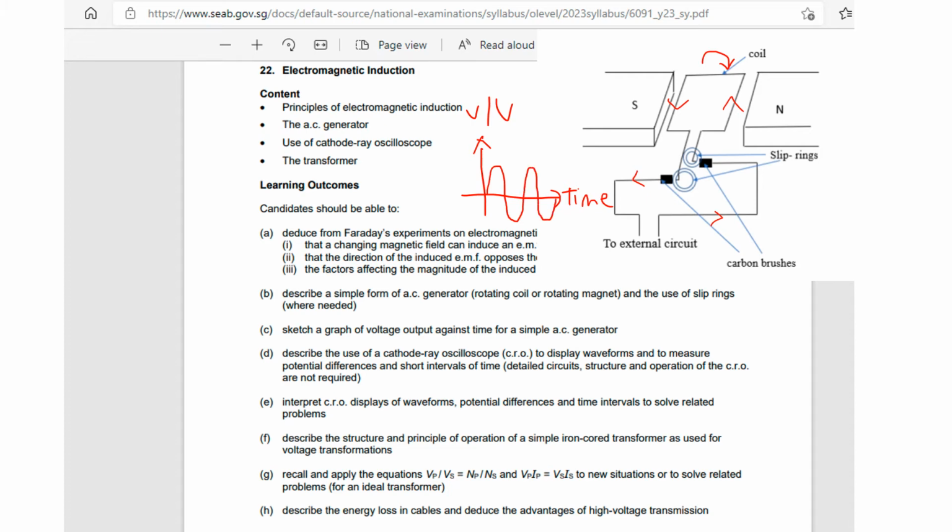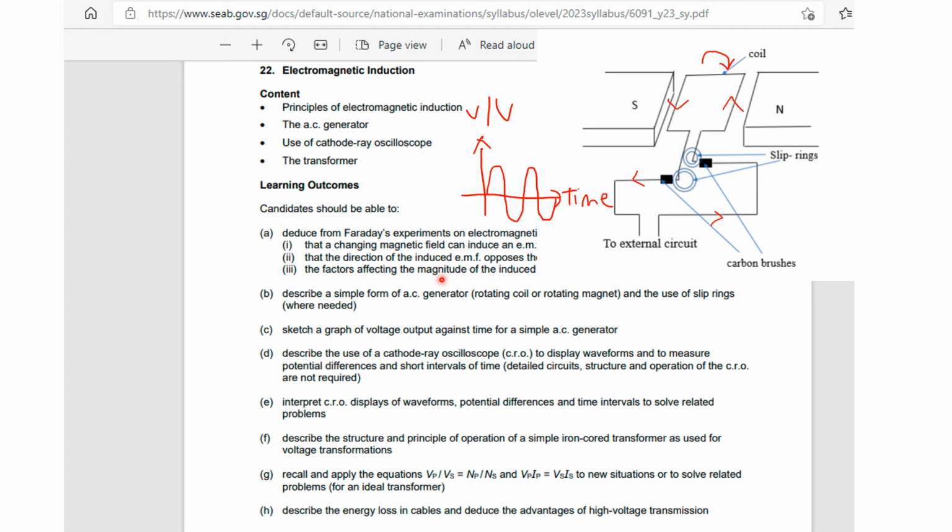So you will have maximum voltage generated when the coil is horizontal, and when the coil is vertical, you will have the induced current at 0. This is because the direction of motion is parallel to the magnetic field, so there's basically no cutting of the magnetic field lines momentarily.